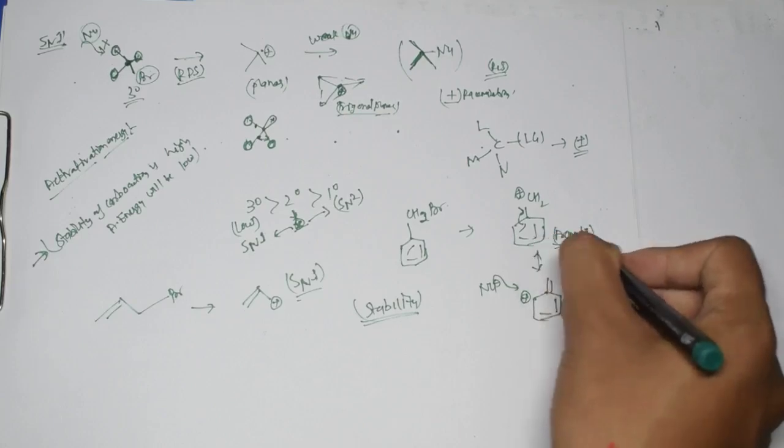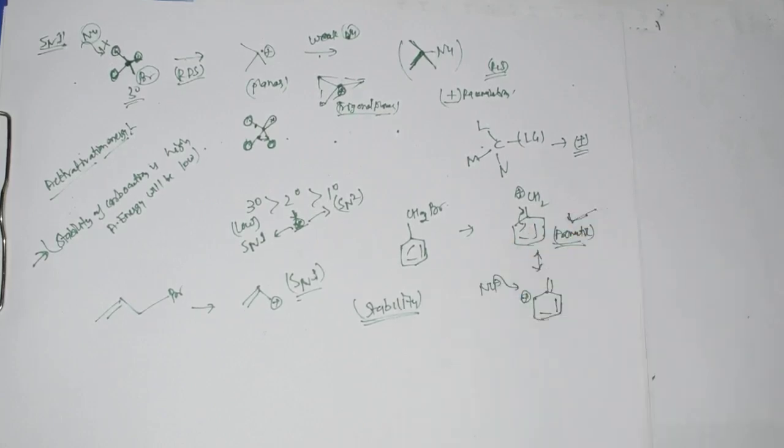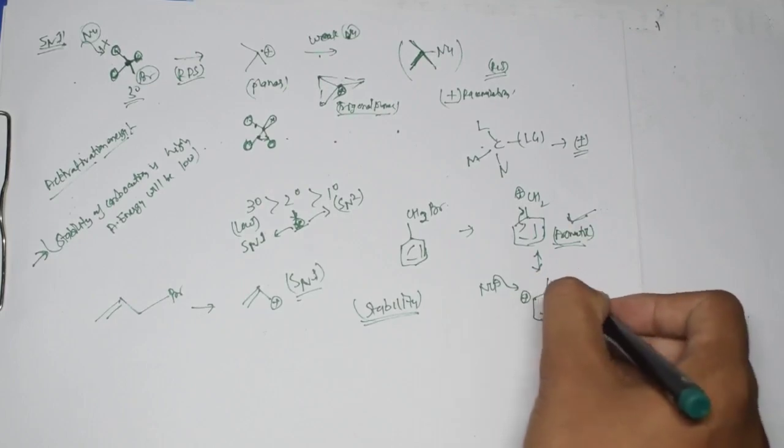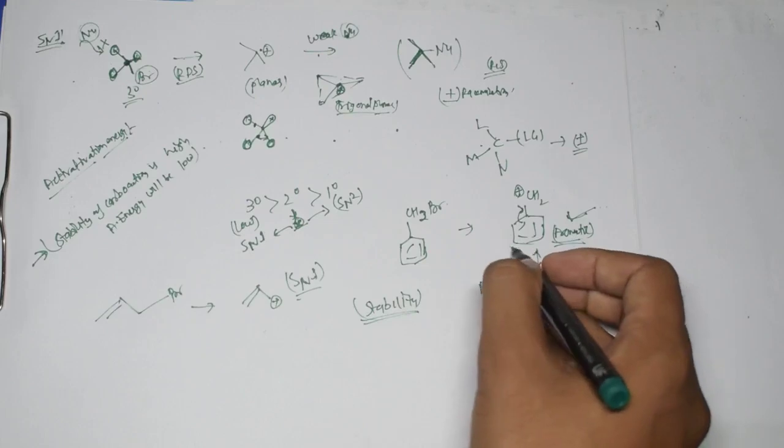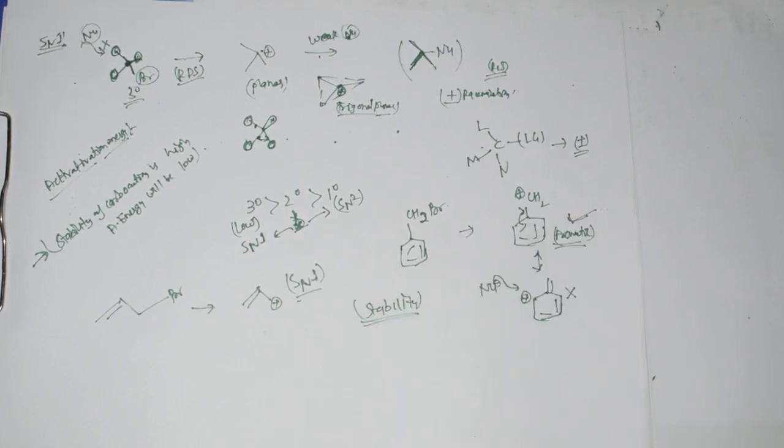So definitely it will stay in the aromatic state only. It won't lose its stability by going from aromatic to non-aromatic or anti-aromatic, so it will definitely not try to do this. I hope you understood this. These are the basic things which you should understand.